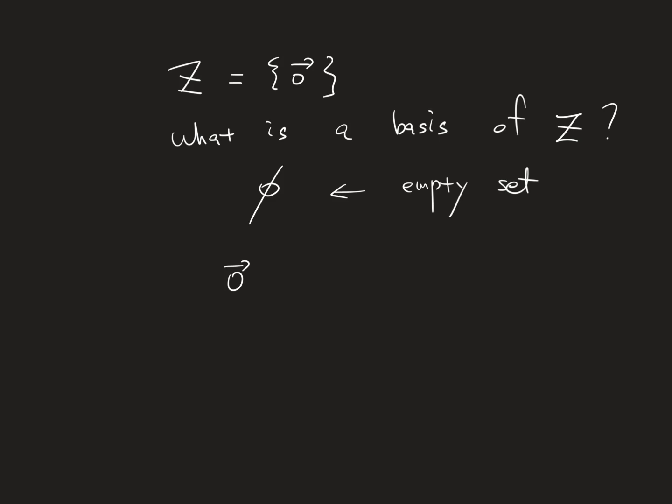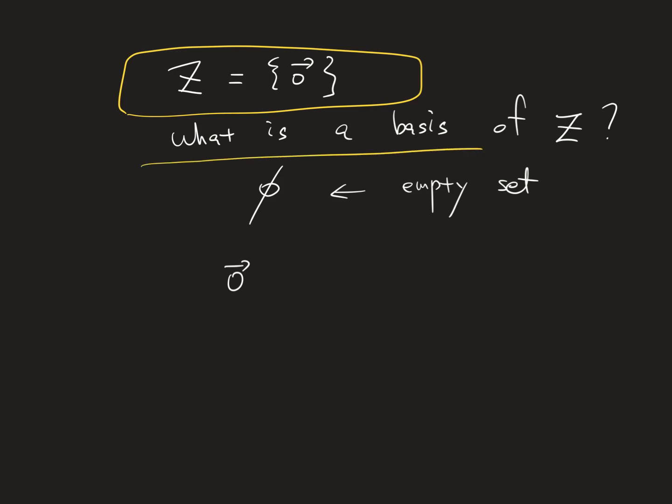If you include any 0 vector in the basis, the set will be linearly dependent because you can write a non-zero coefficient in the linear combination. So the zero vector cannot be included in a basis. It's a very important thing. So for this trivial vector space, which has only the zero vector, the basis is just the empty set.